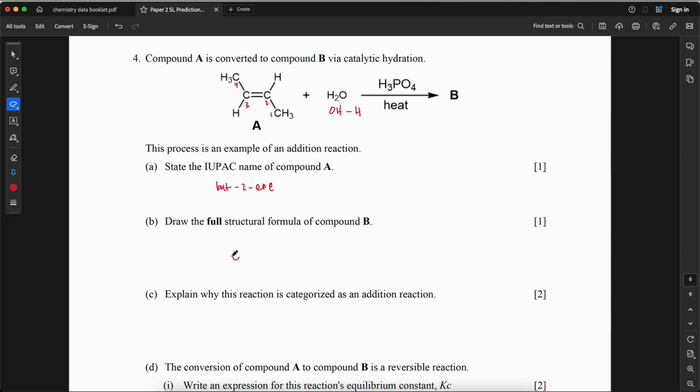So CH3, this one, and then CH, and then OH and H, and CH3. If you put OH right here, it will be the same, butan-2-ol as well, because it's 4C.